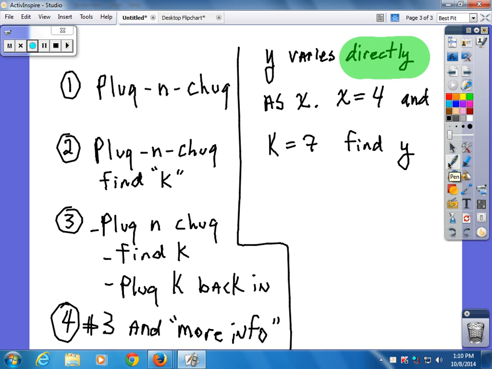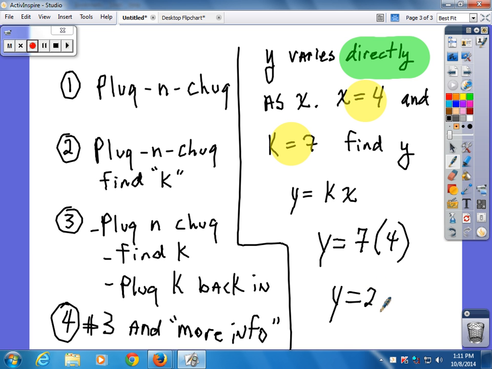So I'll go y is equal to k times x. What do they give us? They give you x and k. So what do you do? Plug and chug. y is equal to 7 times 4, and that's your answer. So that's your first type problem. Plug and chug.